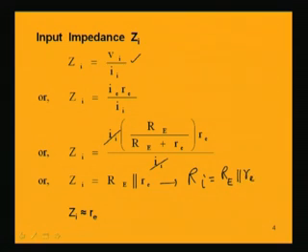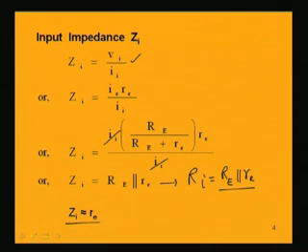Now, one thing to note here is that out of these two resistances, small re is very small, in the order of ohms, whereas typically the value of capital Re is generally in the order of kilo ohms. As we know, whenever we have two resistances in parallel, one having a large value and the other a small value, the equivalent resistance approaches the smaller value. So, this parallel combination will be giving almost equal to small re.